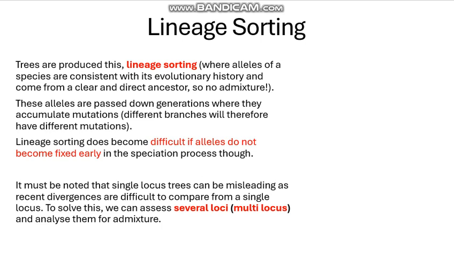These alleles are passed down the generations where they accumulate mutations. Different branches will therefore have different mutations. Lineage sorting does become difficult if alleles do not become fixed early in the speciation process.